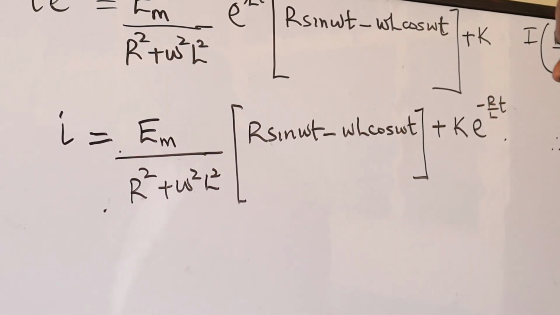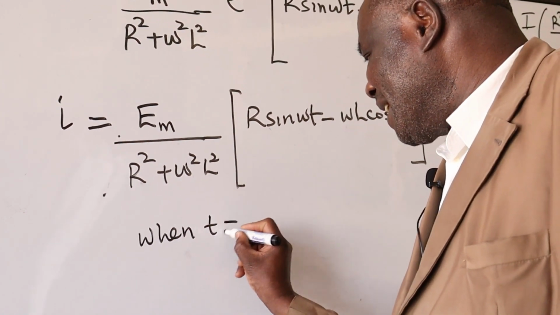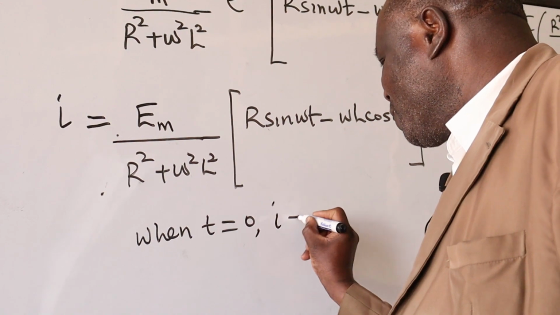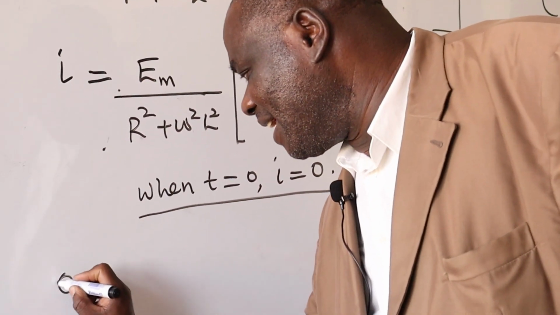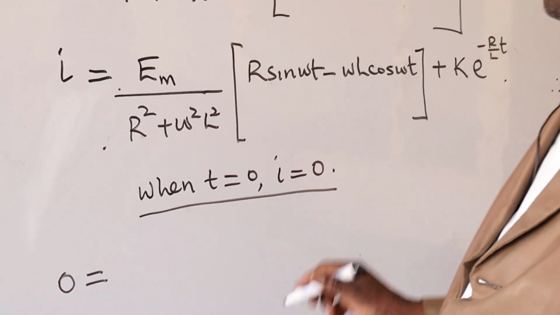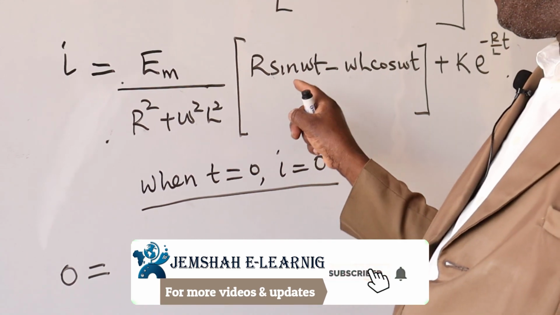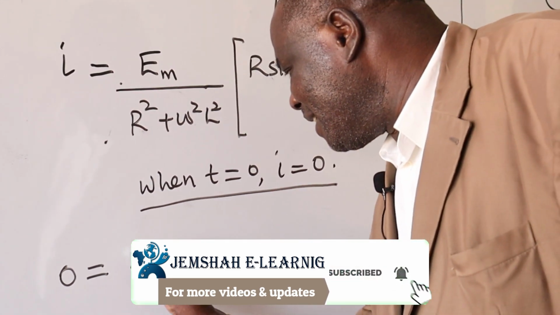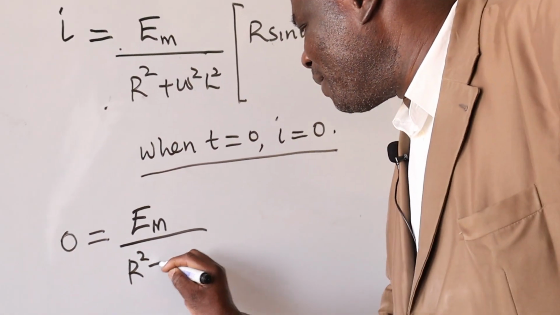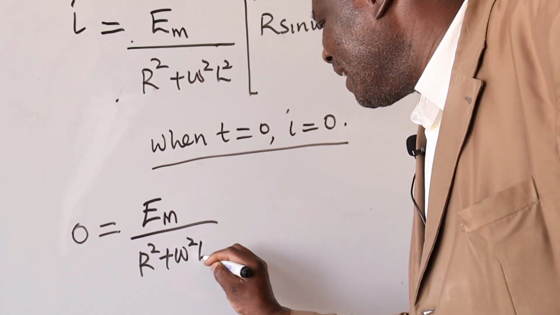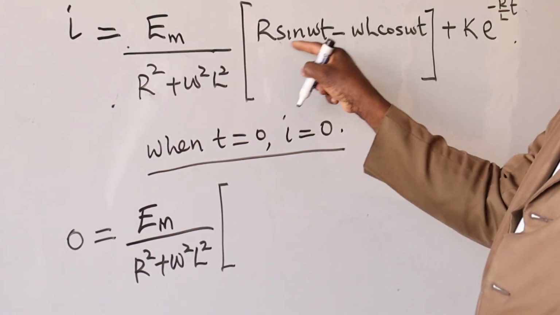But there were also some conditions given. We were told when t is equal to 0, I was also equal to 0. So inserting that, we get 0 is equal to Em all over R squared plus omega squared L squared into, when t is 0, sin 0 is 0.